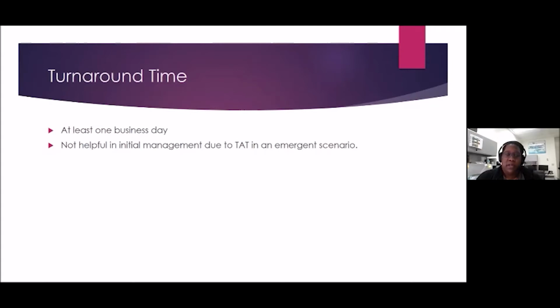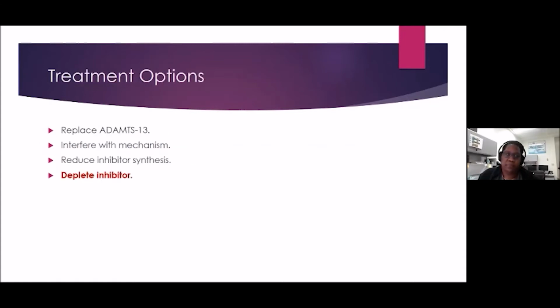The inhibitor and antibody usually take longer. So this testing is not helpful at all in your initial management due to the turnaround time in this potentially emergent scenario. But when the ADAMTS13 does come back, it will guide your further management of the patient.